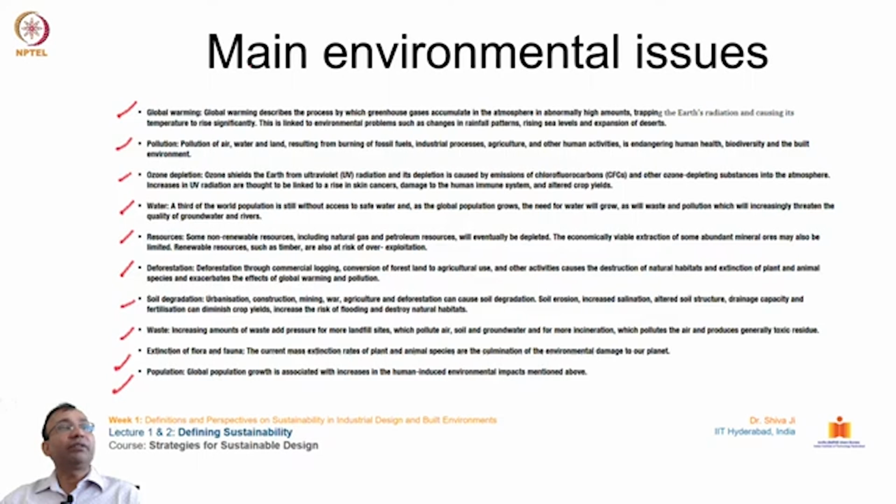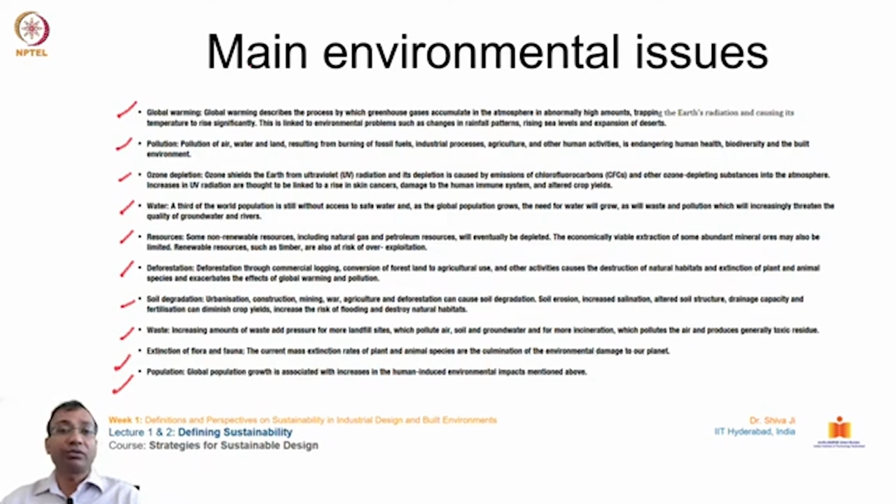In generic terms, there is the issue of global warming, there is pollution, and the issues of various other natural elements which are part of this whole planet earth and have been very important factors to sustain life in different forms as we see it today.